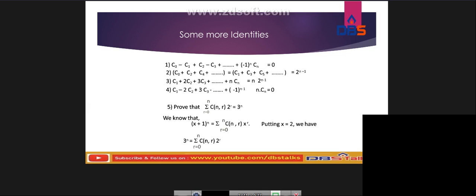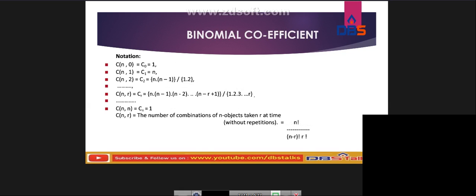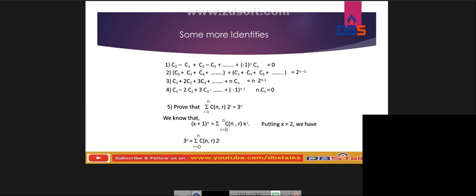Some more entries. C0 minus C1 plus C2 minus C3 plus and so on, plus (-1)^n Cn equals 0. Next, C0 plus C2 plus C4 plus and so on equals C1 plus C3 plus C5 plus and so on, equals 2^(n-1).